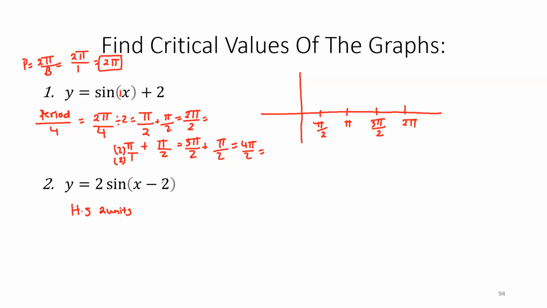How did I find that? You simply set the parentheses to 0 and solve for x. According to the lecture, if we have a horizontal shift, we'll have 5 critical values within one cycle.